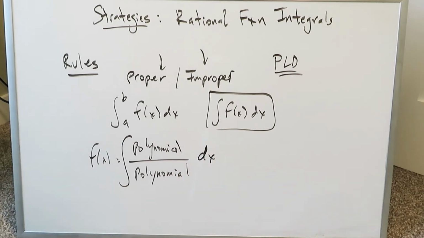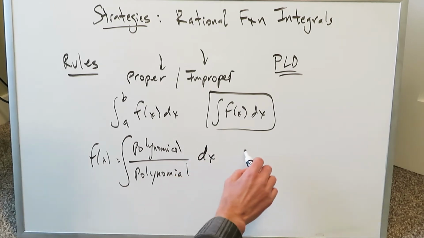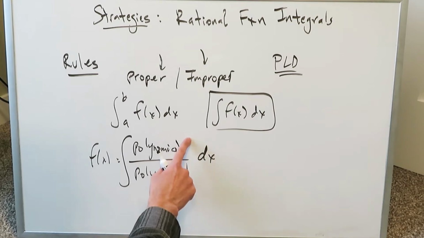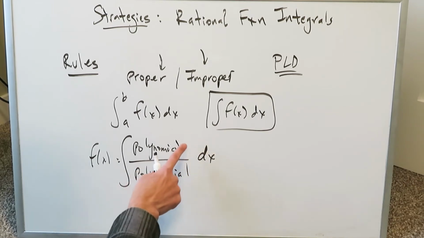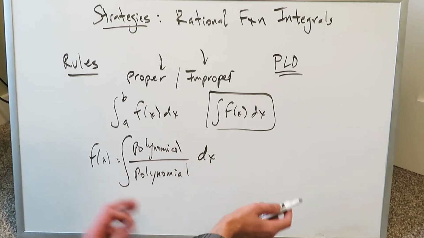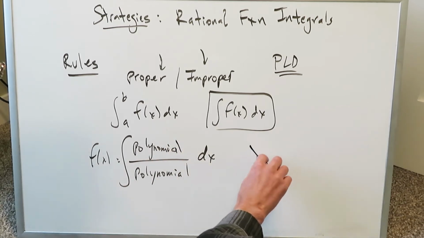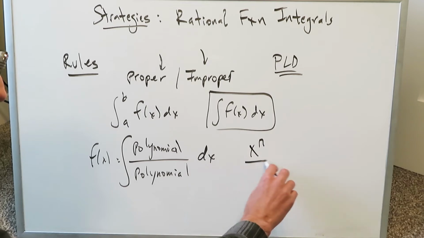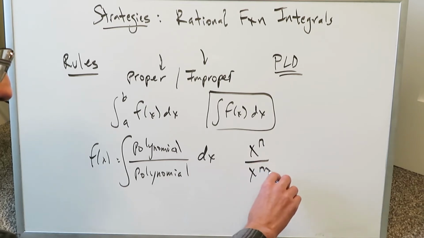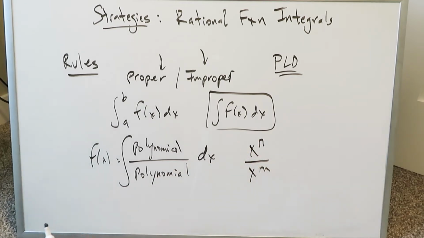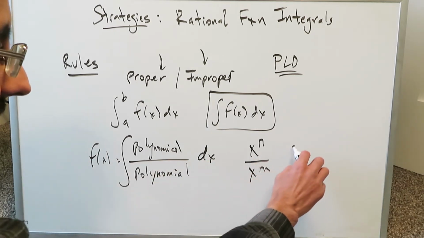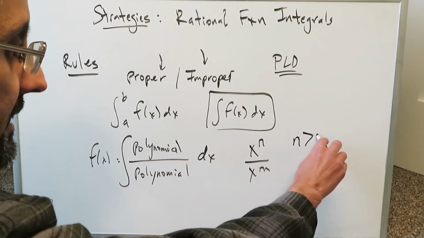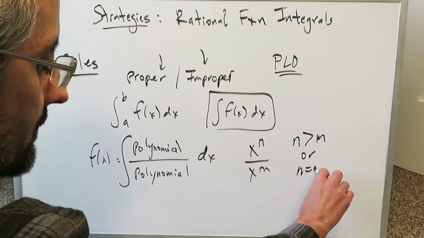The only rule you need to worry about here is that the degree, the highest order degree or exponent, must be either the same for both or higher in the numerator. If you have something like x to the n in the numerator and x to the m in the denominator, the highest order here, n should be larger than m, or n can be equal to m.